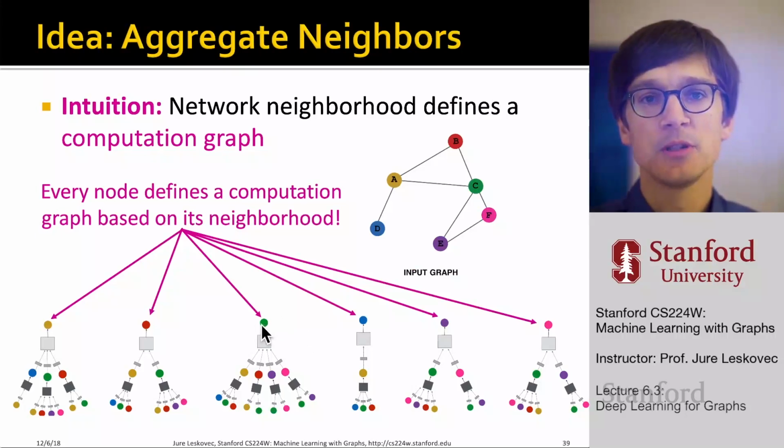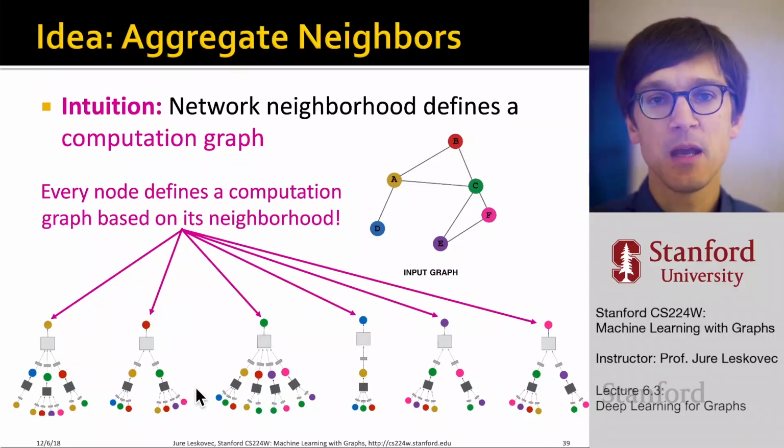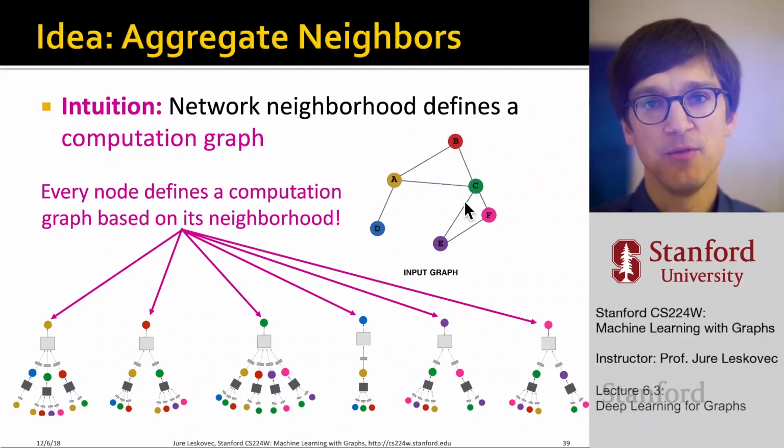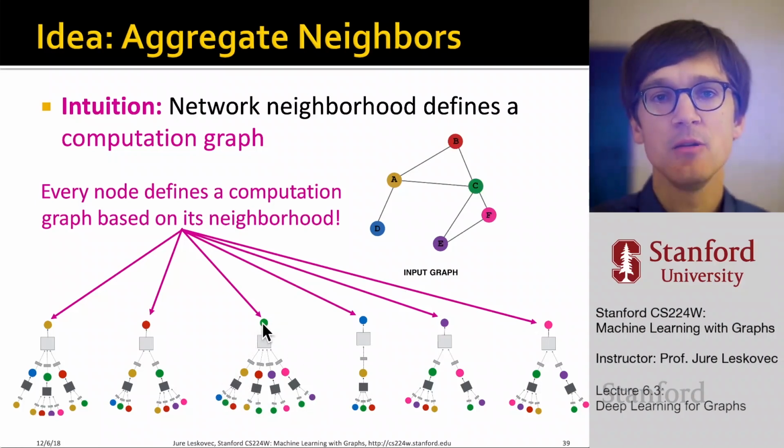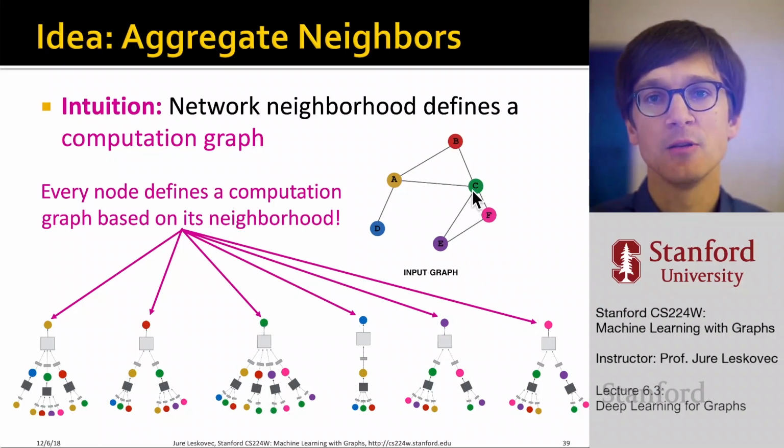While, for example, node C has a much bigger, much wider neural network because C collects information from its 4 neighbors, and then each of the neighbors collects it from its own set of neighbors. So the architecture of this green neural network corresponding to target node C is very different from the one for node D.